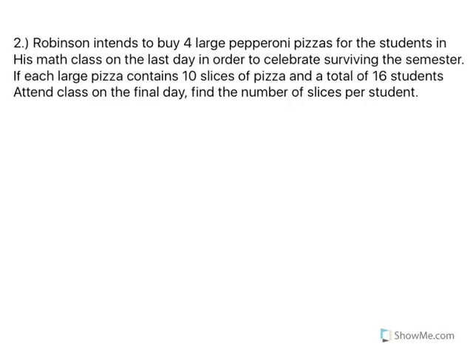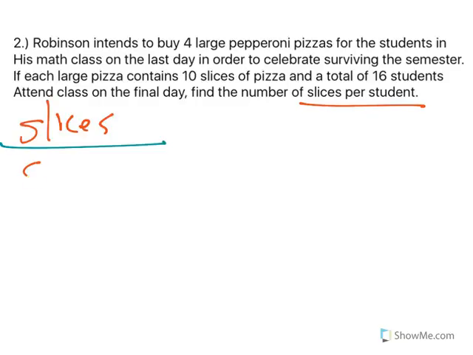All right, Robinson intends to buy 4 large pepperoni pizzas for the students in his math class on the last day in order to celebrate surviving the semester. It's a solid choice, I think. If each large pizza contains 10 slices of pizza and a total of 16 students attend class, find the number of slices per student. So we're talking about slices per student, right? Student because it's people on the bottom. So how many slices are there?